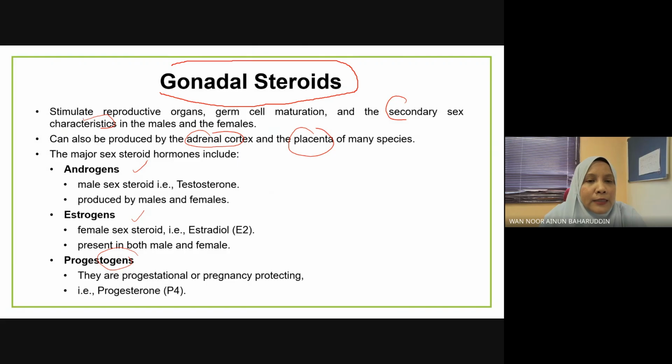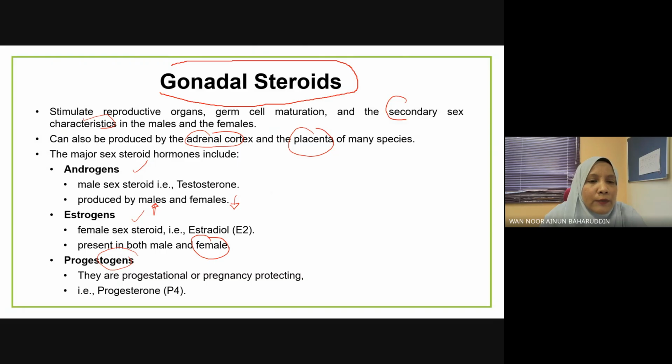Androgens are the male sex steroids, such as testosterone, also produced by males and females, but the amount in males is higher than in females. Estrogens are female sex steroids, also known as E2 or estradiol, present in both male and female, but most dominant in the female.